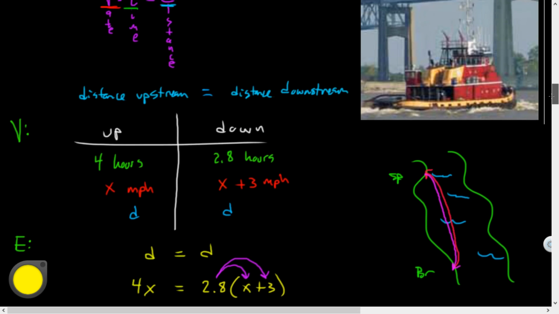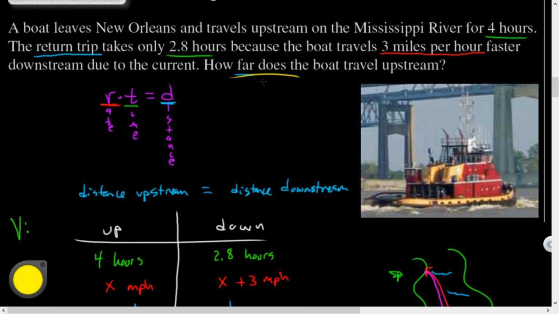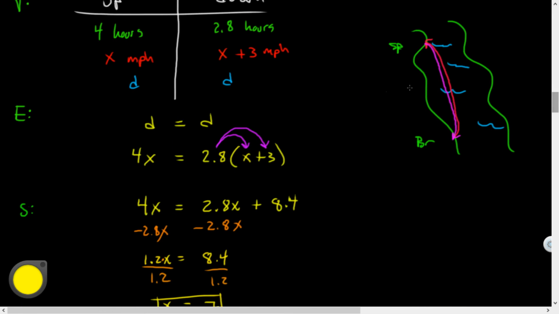They asked me the question, what? Distance, how far upstream? So if I want to find out the distance it traveled upstream, I know that 4 times x is going to equal distance. So I'm going to write 4 times 7 will equal my distance. 4 times x is equal to the distance, so 4 times 7, the solution I just got. So I get distance equals 28.